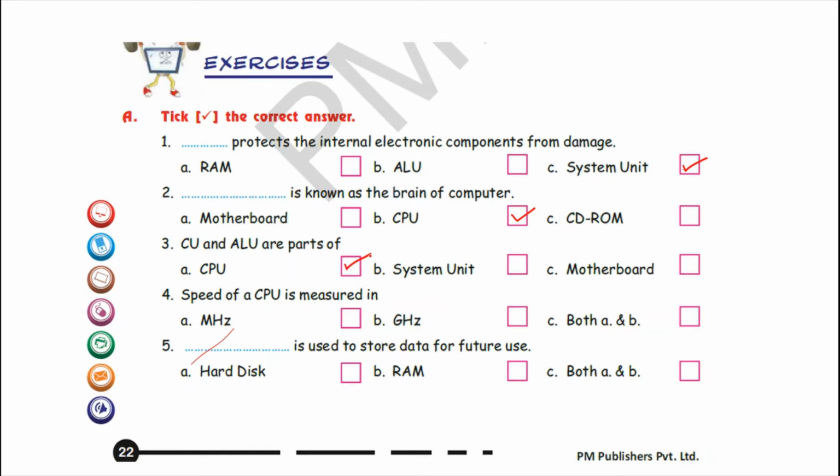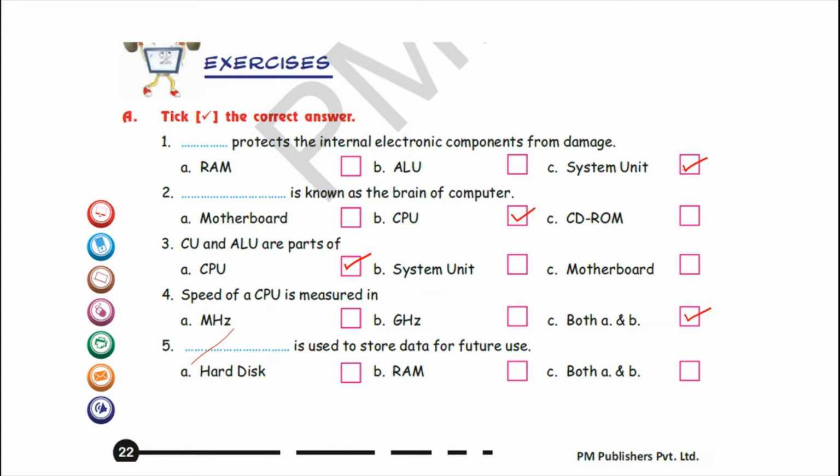Number 4. Speed of a CPU is measured in A. Megahertz, B. Gigahertz and C. Both A and B. Yes, the right answer is both A and B. So put a right mark in front of the box of option C. Speed of a CPU is measured in both megahertz as well as gigahertz.